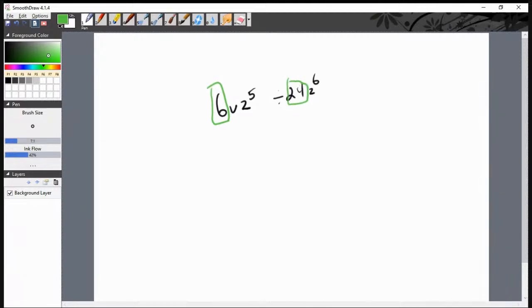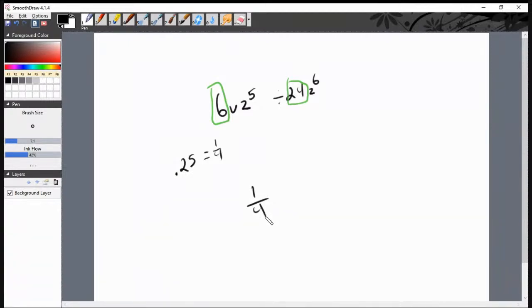Forget the variables, forget the exponents. Identify your coefficients and divide them. 6 divided by 24 is 0.25, or 1/4. So 1/4 is going to be part of our answer.